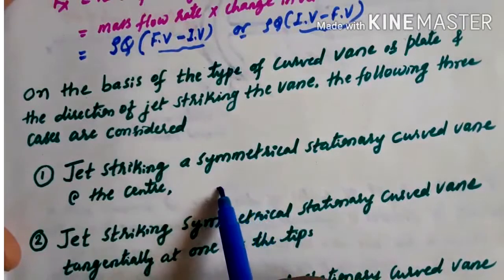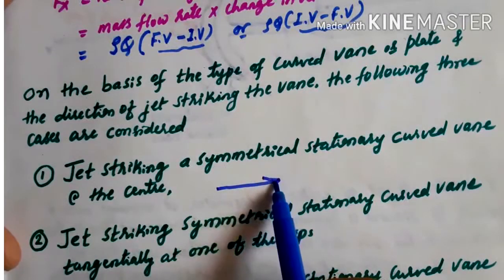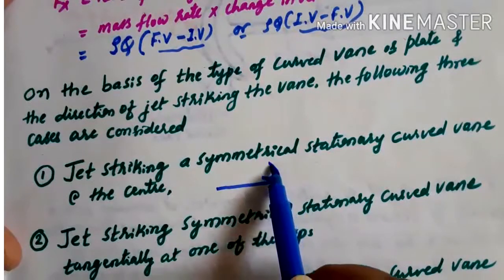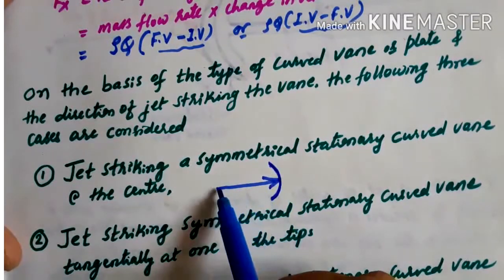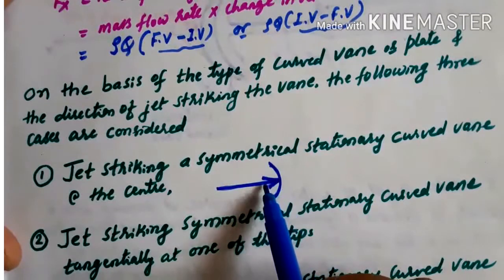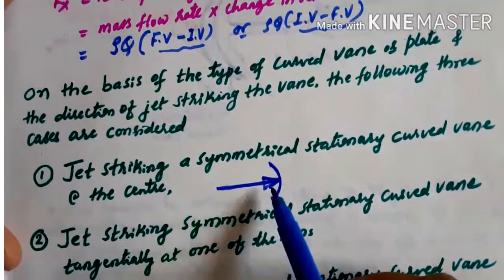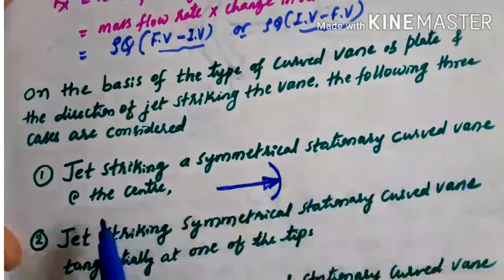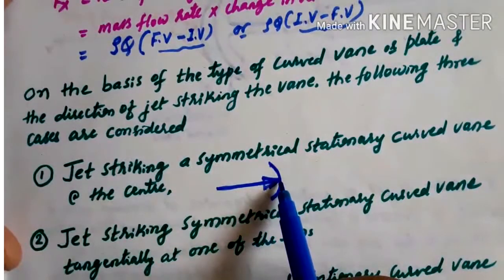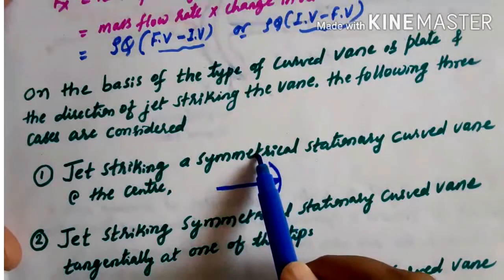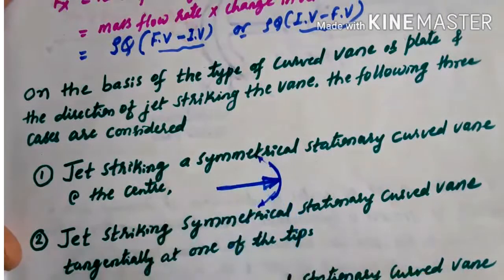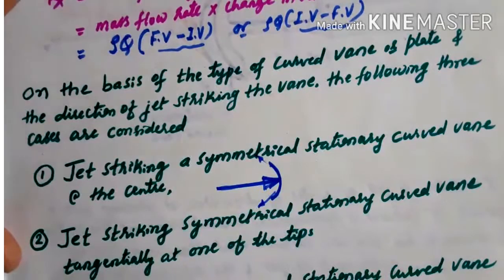Means the jet is coming in this direction and hitting the curved vane at the center. When it hits at the center, the water deflects in this direction as well as this direction symmetrically. That is the first case.